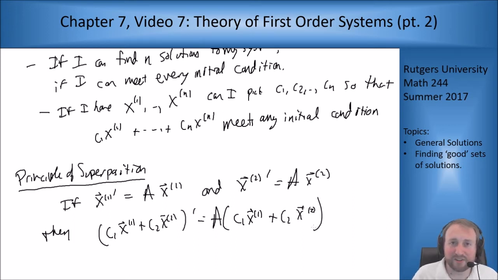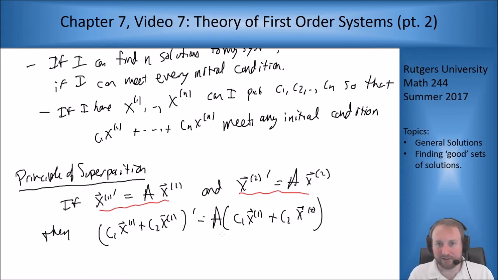You prove this in a similar way to what we did in chapter 3. Basically you use the fact that derivatives are linear, and then you use the two equations up here, that x^1 prime is this and x^2 prime is this, to get right to the right hand side. I'm not going to prove it, but this just means that if I have two solutions, any linear combination in this form will also be a solution. So if I have n solutions, any linear combination of that form will be a solution.